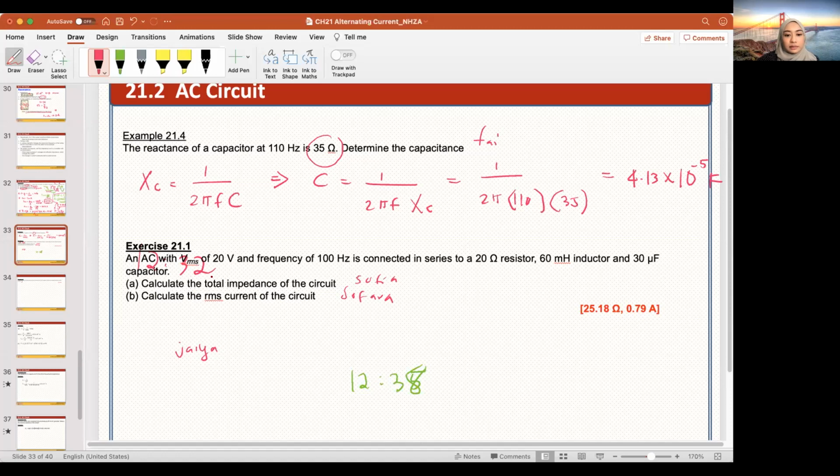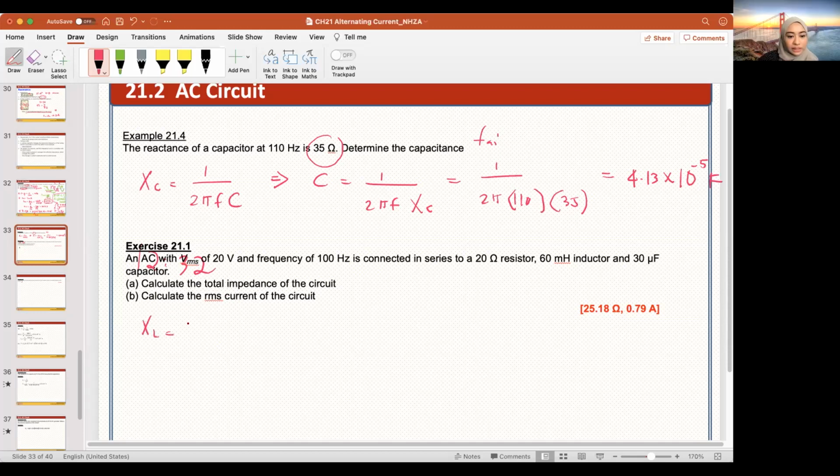Next one. Sophia, did you get it? No, this is right, Sophia. Jaya, next one. Didn't get it. What do you have? Tell me what you have. At first I tried to find XL, which I don't think works. You tried to find XL.